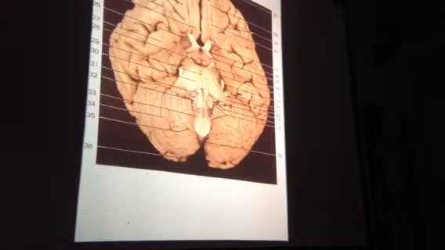X marks the spot. So this is the chiasma, where the optic nerves cross on the other side of the brain. Important because there's a structure right next to it that's usually not there.